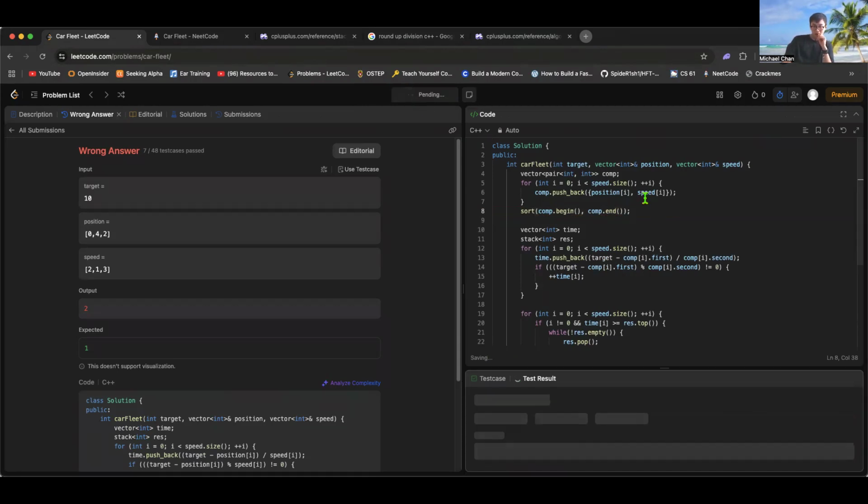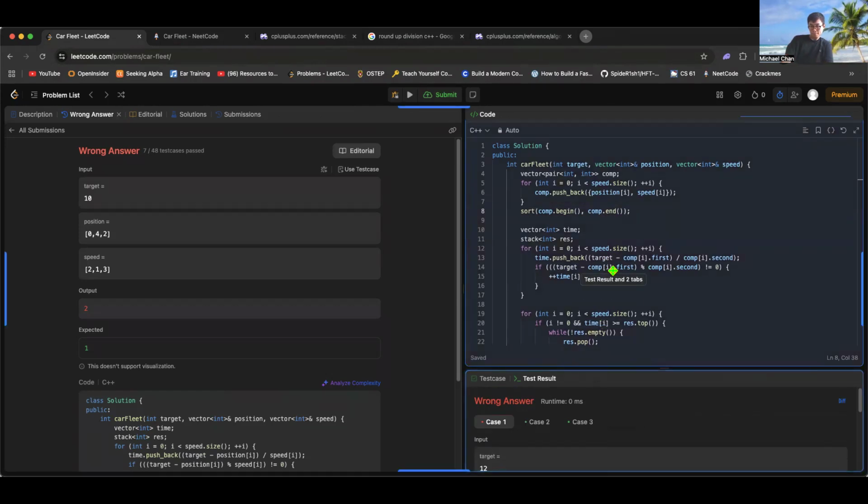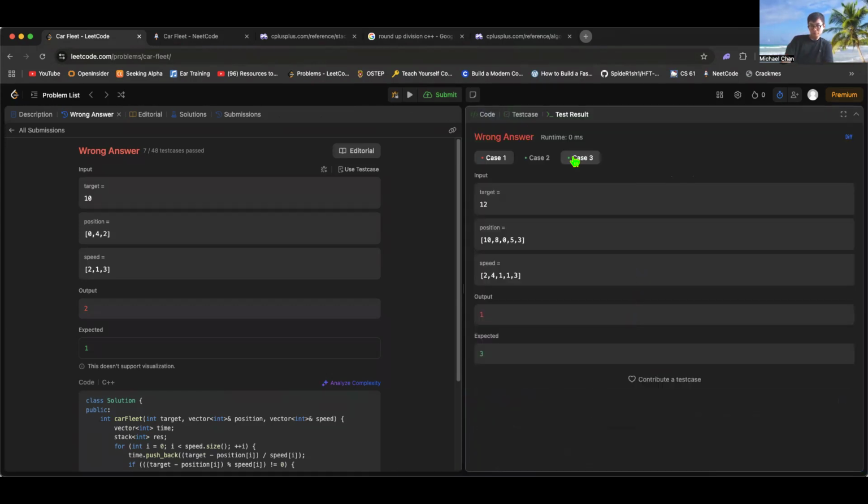Can I just do this? Locate. Then it sorts in ascending key. No? Something is wrong here.